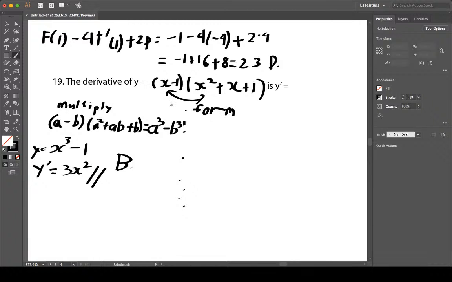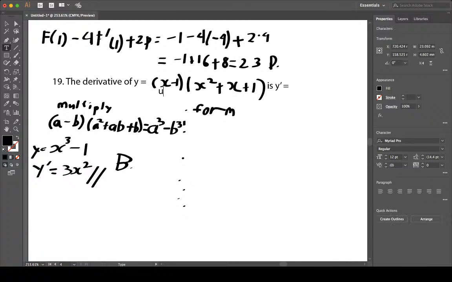So, how do you do the formula? For the formula, we will be assuming something as something. Here, this guy, let's say that's u. And for this guy, let's say this is v.